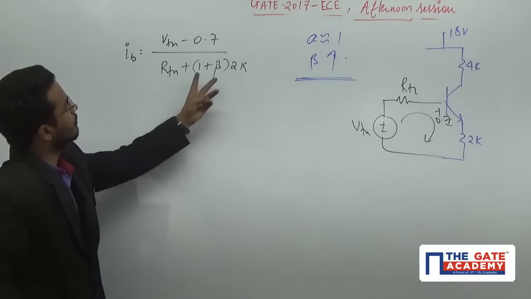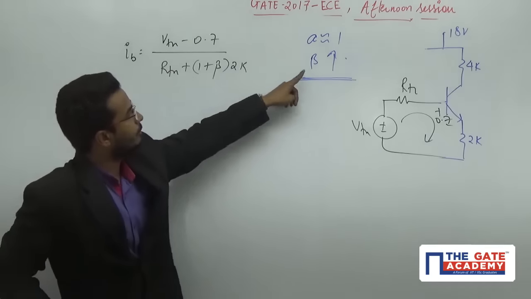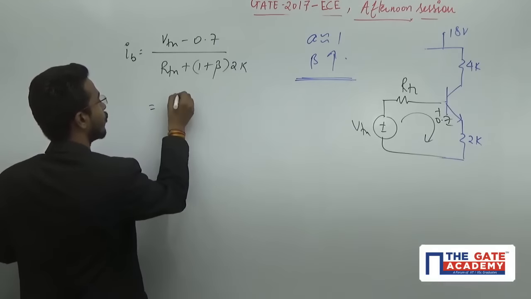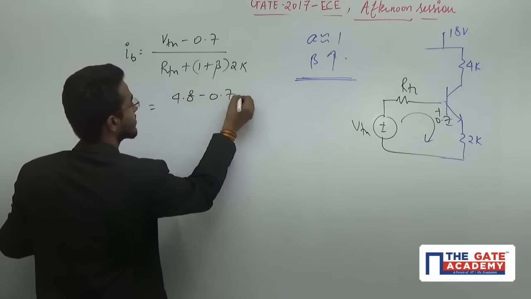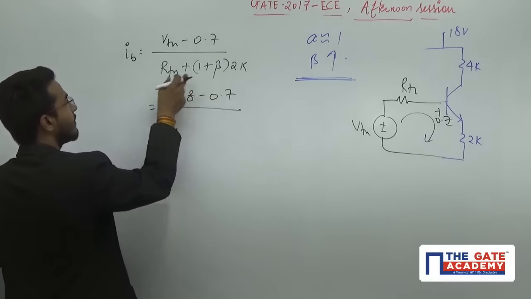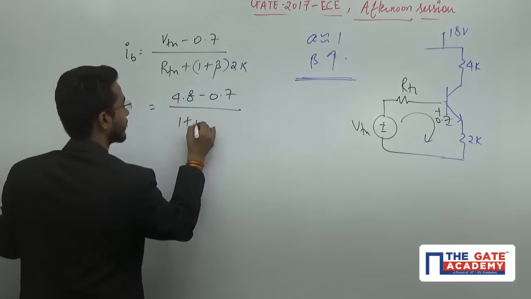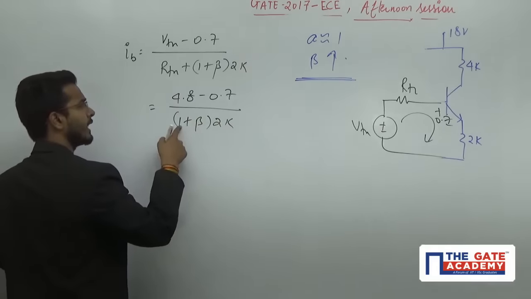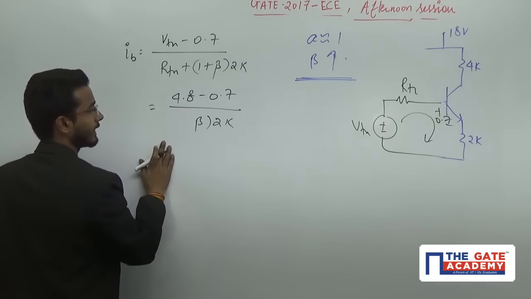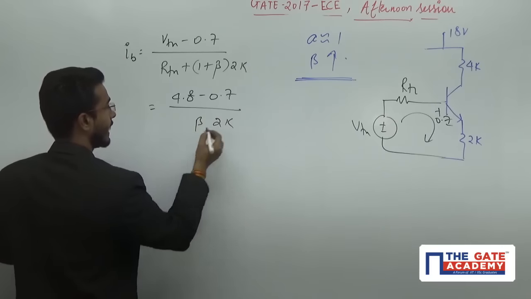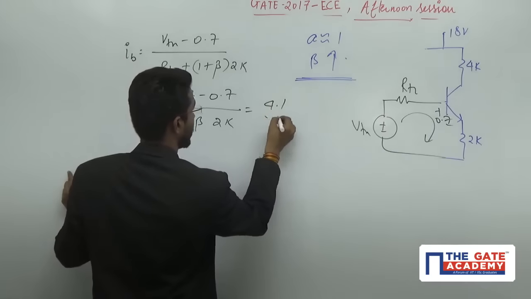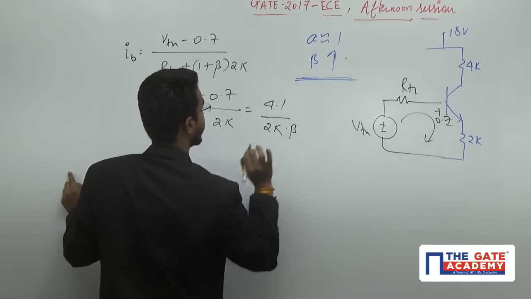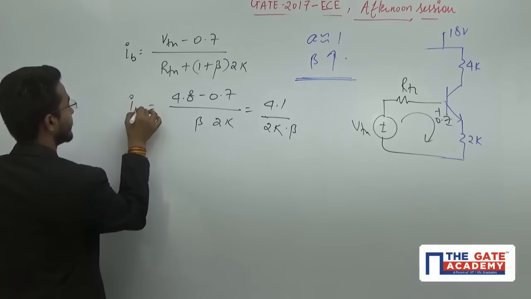Since beta is very high, RTH is very small with respect to (1 plus beta) into 2K, so you can neglect it. VTH is 4.8 minus 0.7, so you get 4.1 divided by 2K into beta. Yes, this is the value of IB.